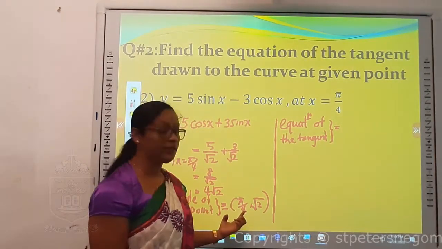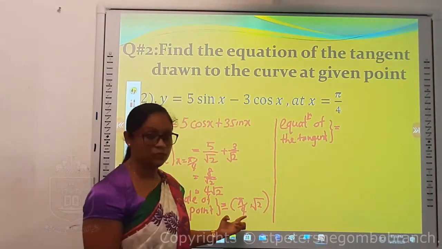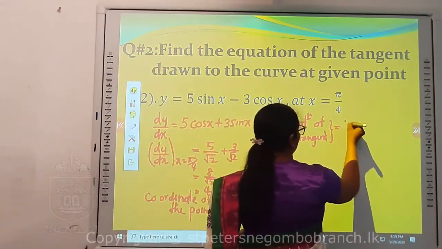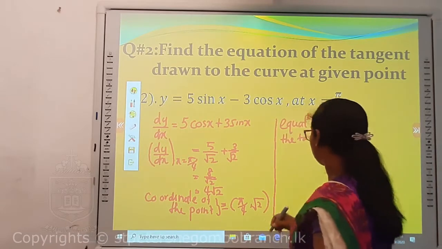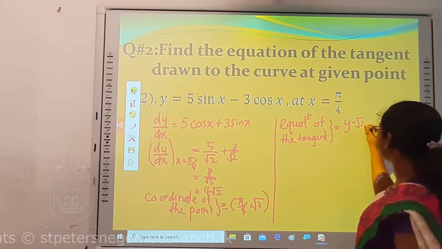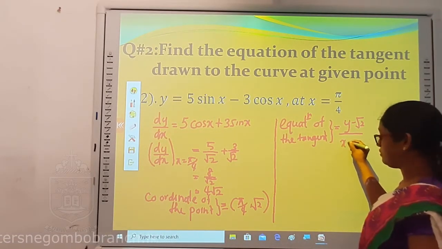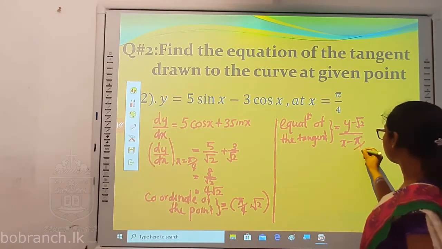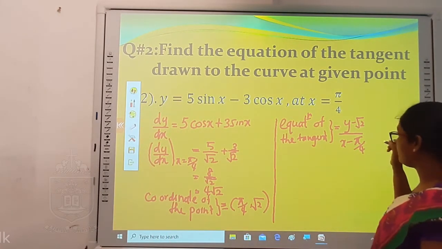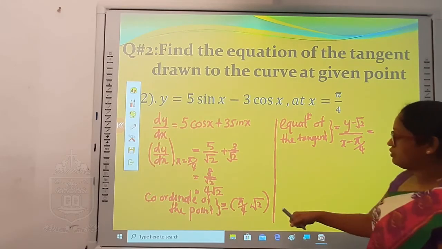Based on that, we will write the coordinates with respect to this point. So we can write y minus root 2 over x minus 5 by 4, right? The x coordinate is 5 by 4. This is equal to what?